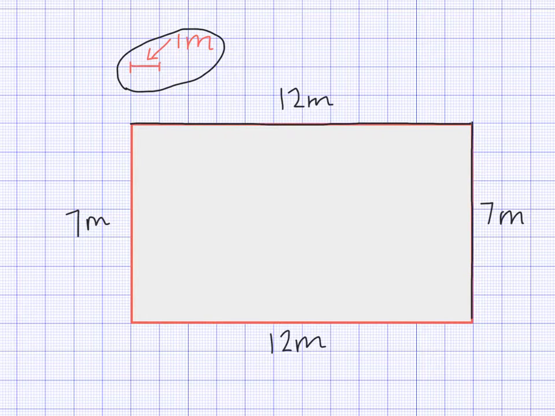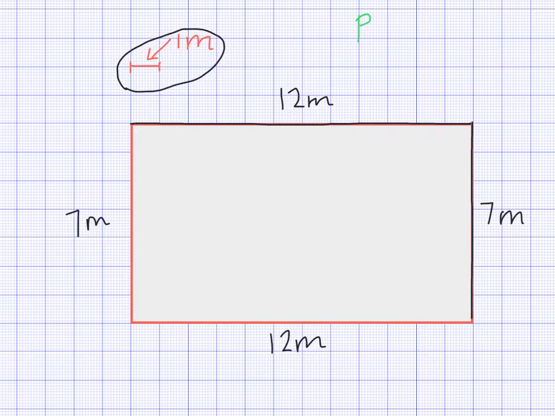Another technique for finding the perimeter might be to look for friendly numbers and cross them off, rather than counting around like we did in the previous example, going 12 plus 7 plus 12 plus 7. Maybe because it's a rectangle, you can use your doubles facts to help you out. So instead, to find the perimeter, let's use our doubles facts with this one.